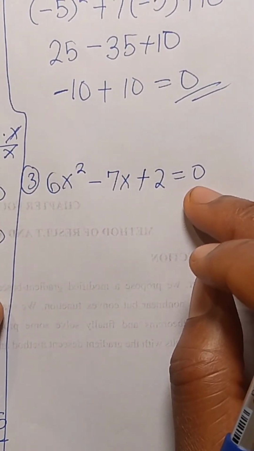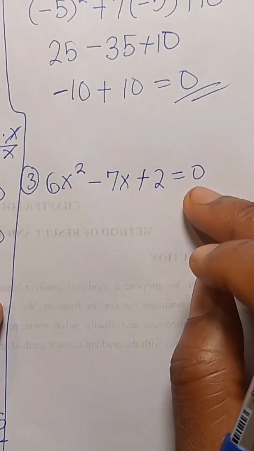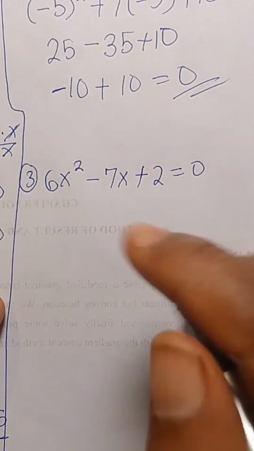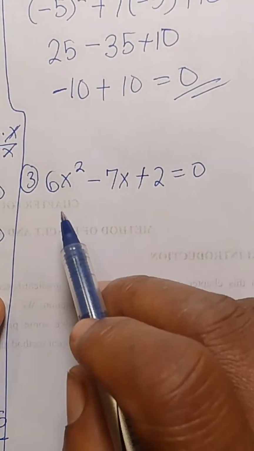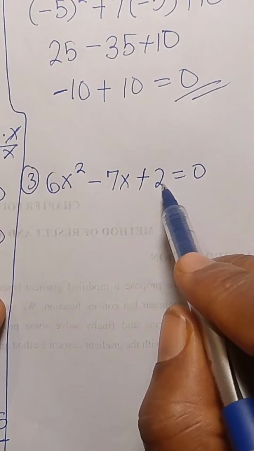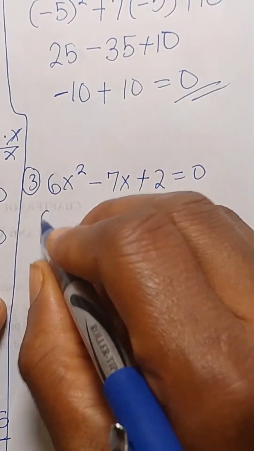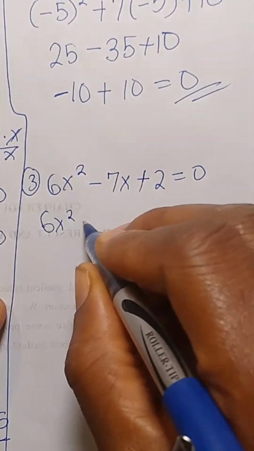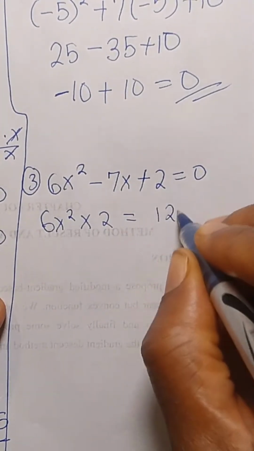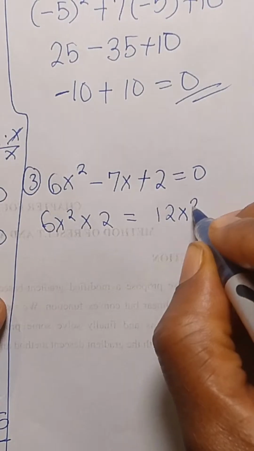Now, in this one, there's a special method for solving it. We are going to multiply this 6x squared by 2. If we do 6x squared multiplied by 2, we have 12x squared.